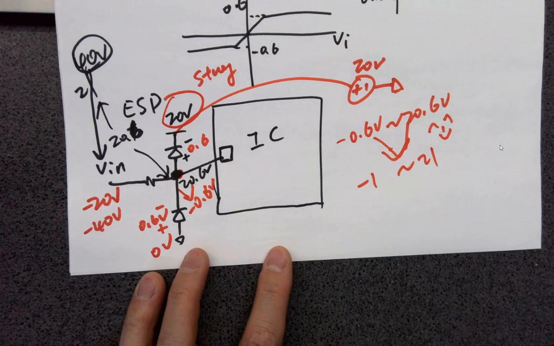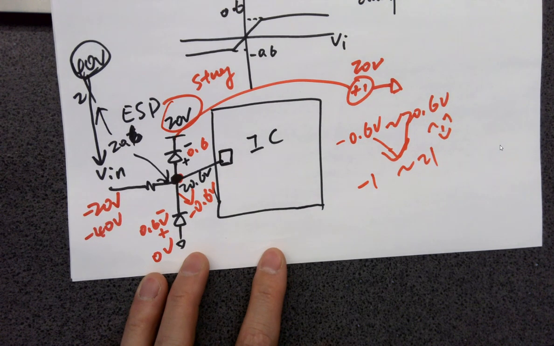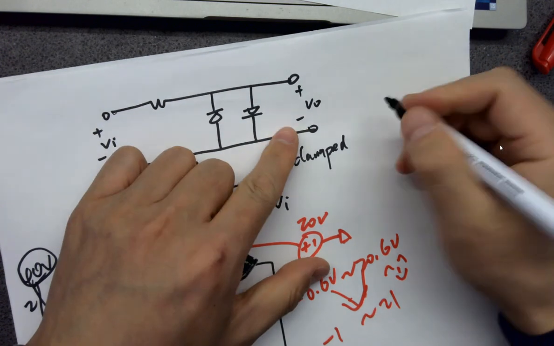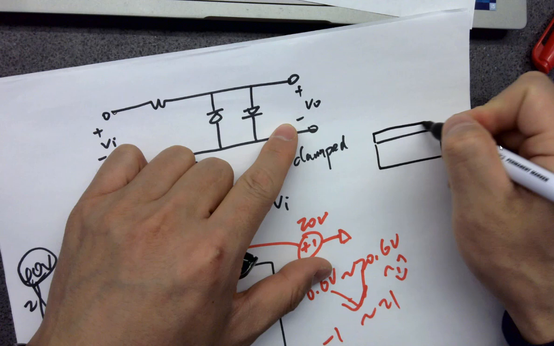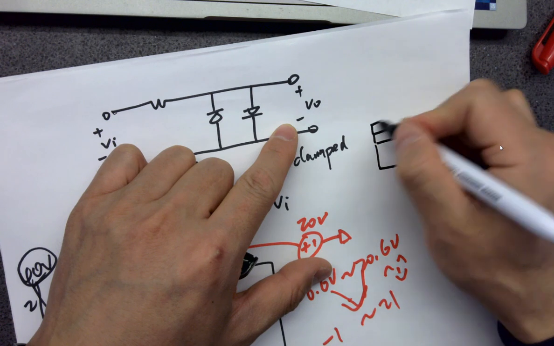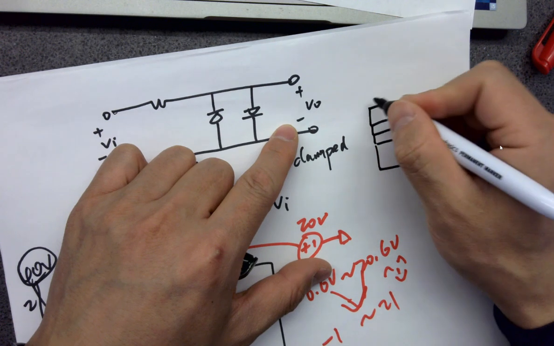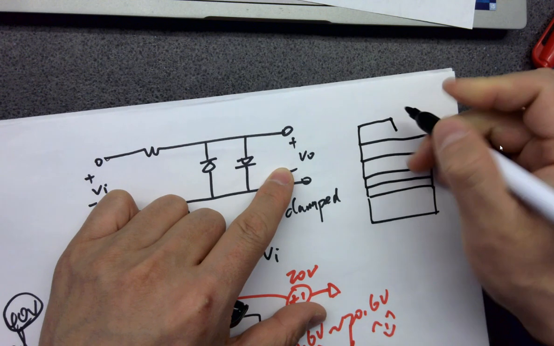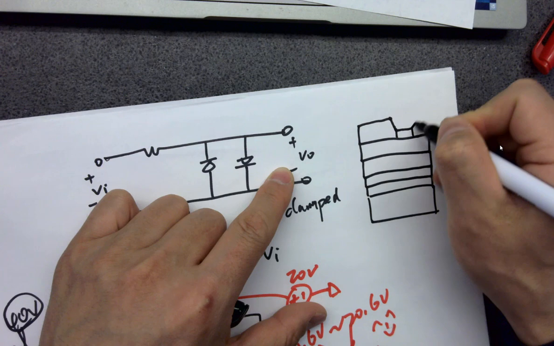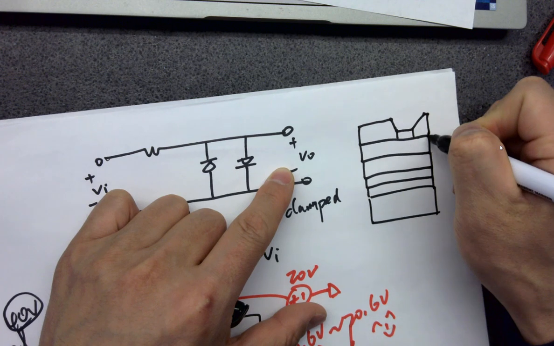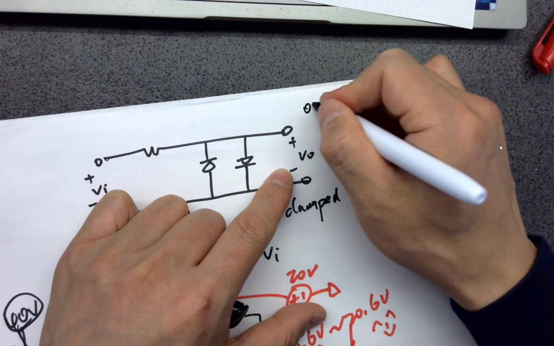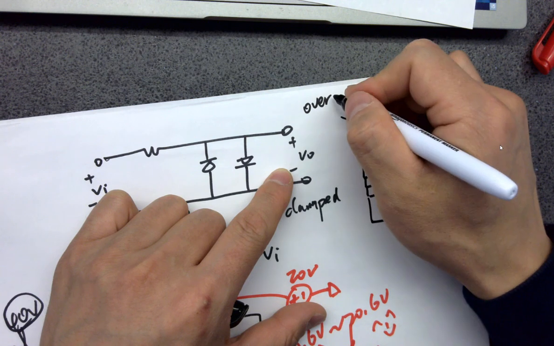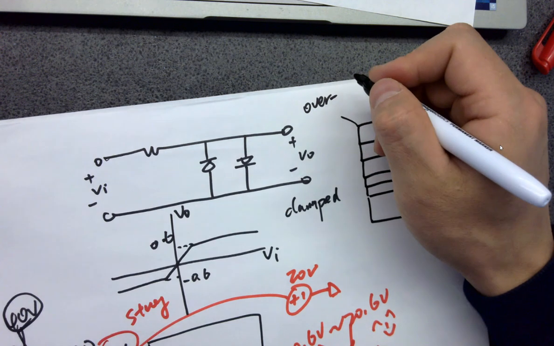I think we'll take some time to draw a pad. Remember the over glass pad? Okay. We have P-sub, poly, FOX, poly, metal 1, metal 2, metal 3. What's that called?